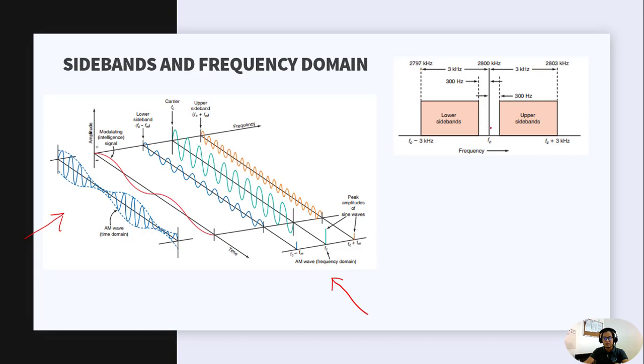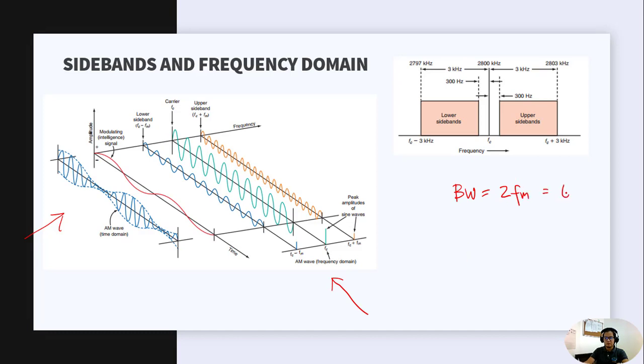Okay. Now, this actually varies from case to case. So, naglagay lang siya dito ng guard band. Okay, but technically, the bandwidth here would be from 2,797 to 2,803. Or the bandwidth is actually twice the modulating frequency.